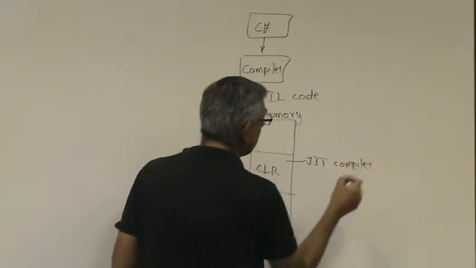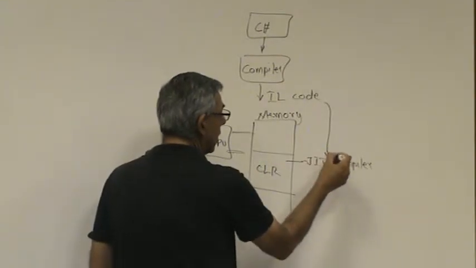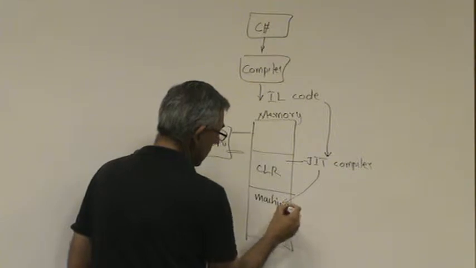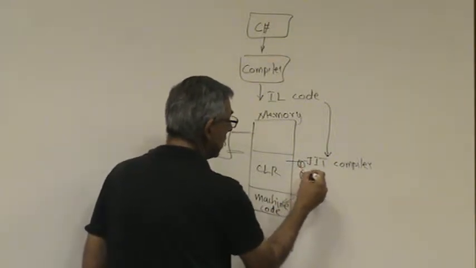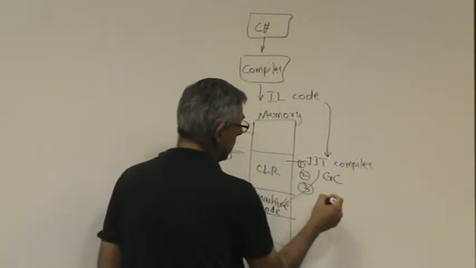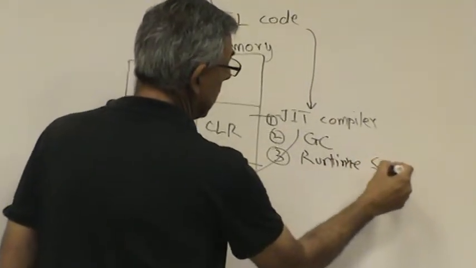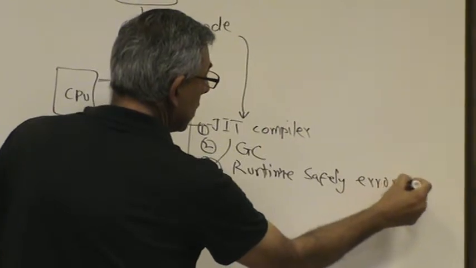What's the job of the just-in-time compiler? To take this IL code and convert it to machine code. The second part of the CLR was the garbage collector, and third was the runtime safety and error checking environment, right?